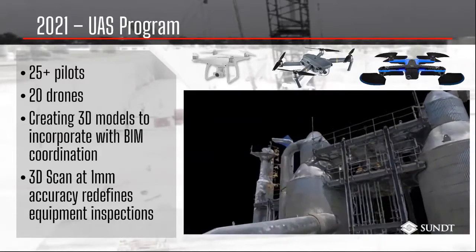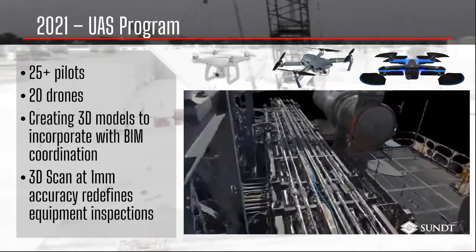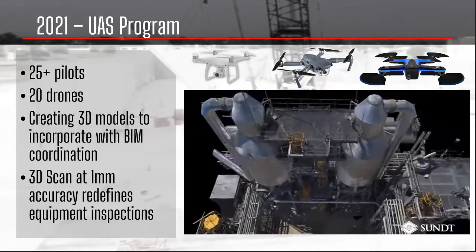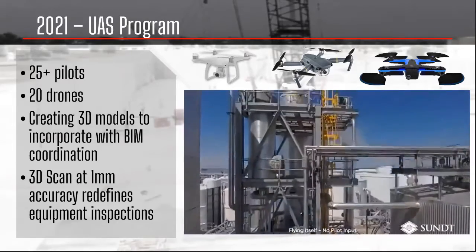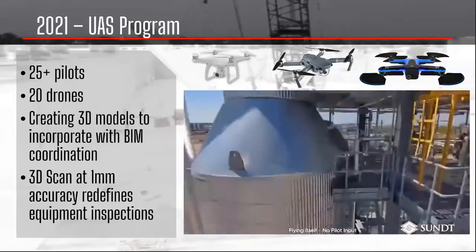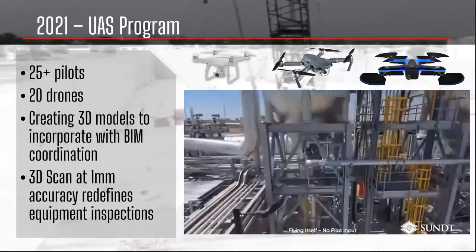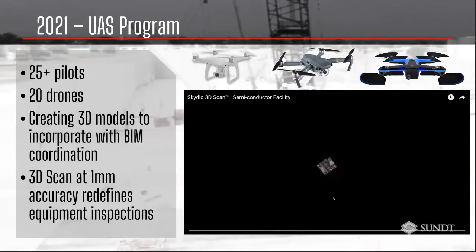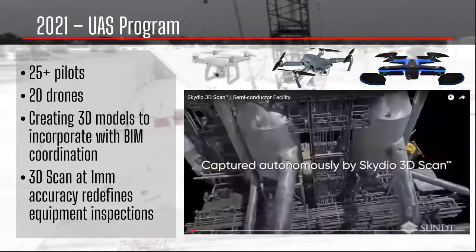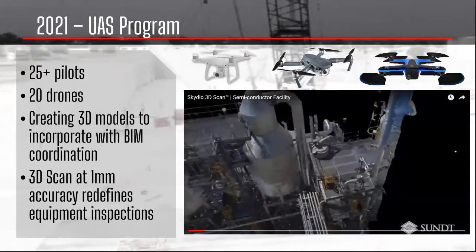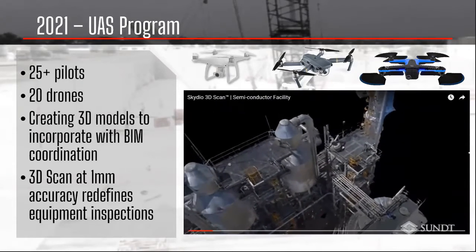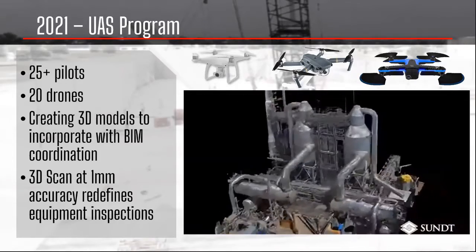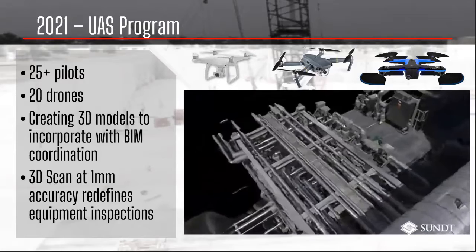To have this simple piece of machinery go through and generate such a high quality model is incredible for us moving forward, because now we don't have to put 1, 2, 3, however many people in here to do this inspection, putting them potentially in harm's way around this very temperamental or volatile equipment. So it brings a new aspect to what we're doing and how we're doing things within the construction industry as a whole.